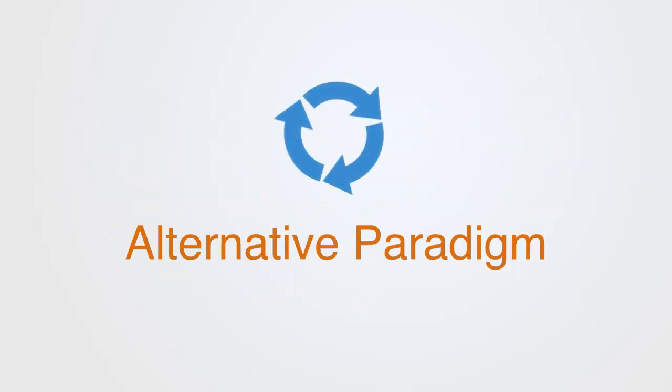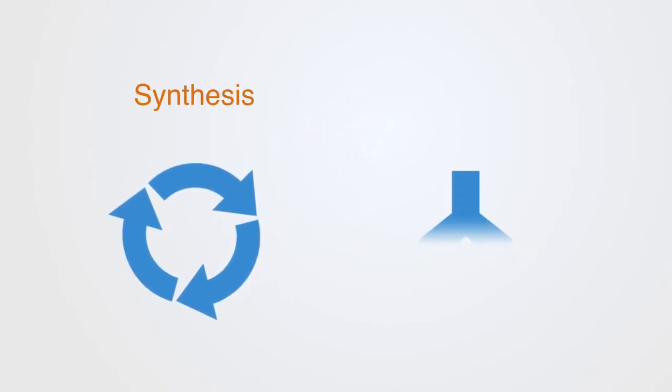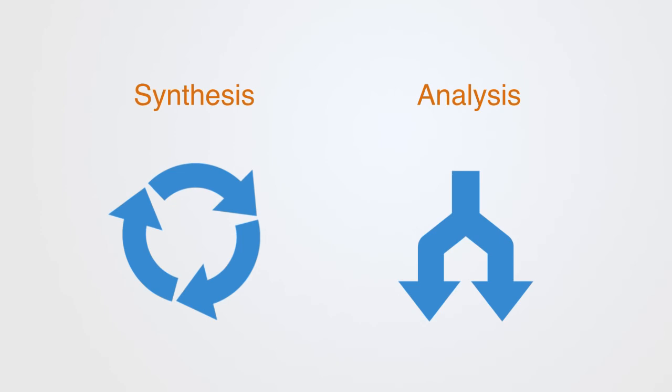So complexity theory starts with an alternative paradigm to that of analysis. This paradigm is really inherited from systems theory. Systems theory is based upon the process of reasoning called synthesis, which is the opposite from analysis and reductionism.